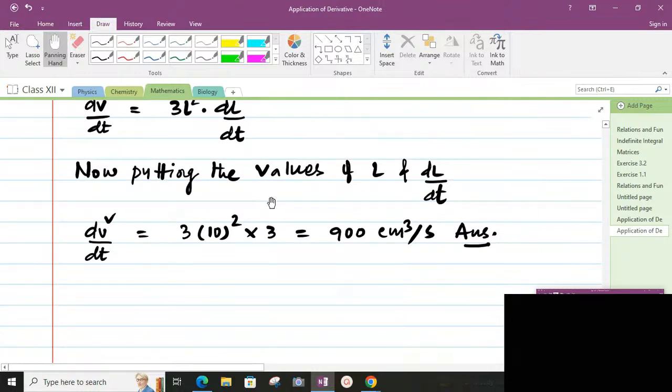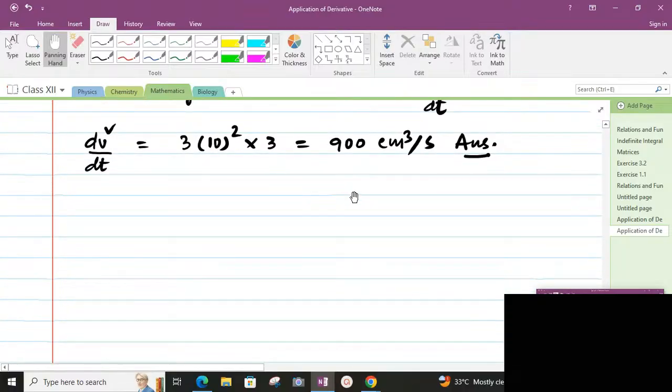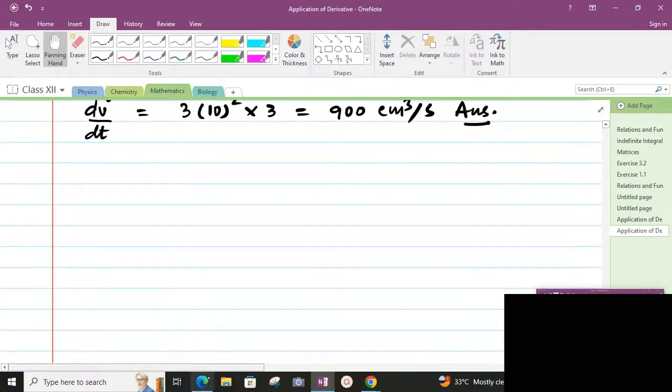Now putting the values of l and dl by dt, we get dV by dt equal to 3 into 10 square into 3. After the simple multiplication, we get 900 cube centimeter per second. Let's see the next question.